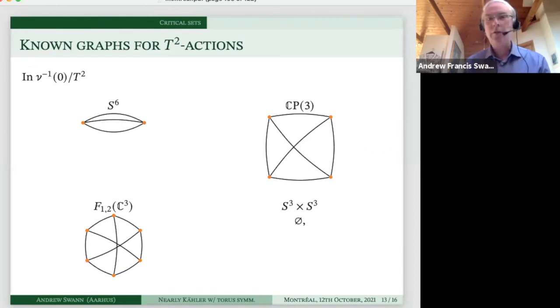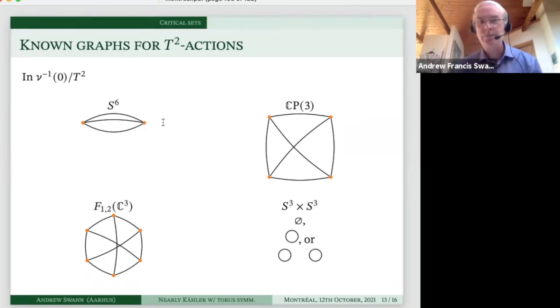And then in the S3 cross S3 case, there are different choices for the two-torus you look at. There are cases where the two-torus acts freely, or there's just one circle of fixed points, or there are 2 circles of fixed points. And these pictures here also hold for the cohomogeneity 1 actions as well.